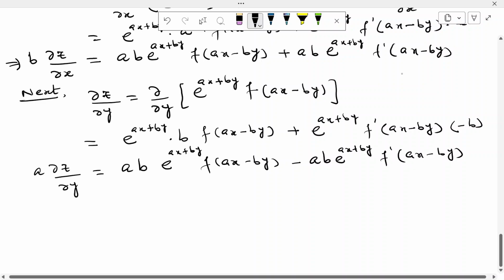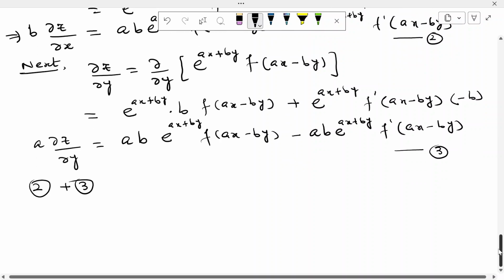Let us mark this as equation 2 and this as equation 3. So adding 2 and 3, on the left hand side we have b times del z over del x plus a times del z over del y.